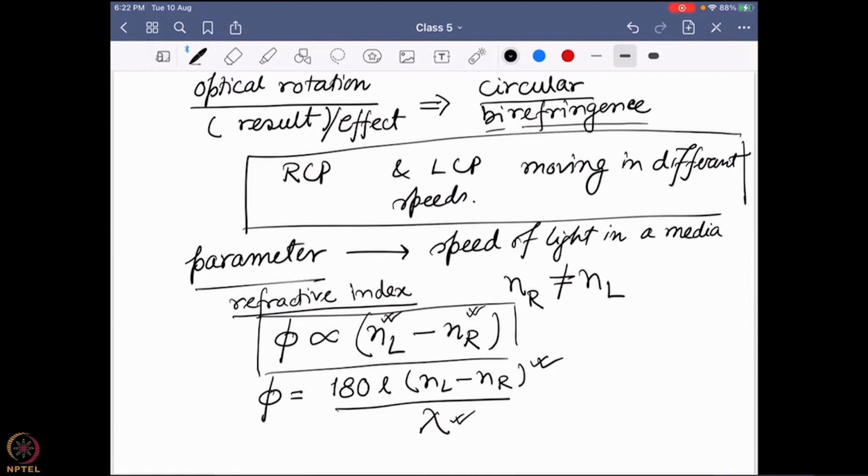But if I'm, say, for example, measuring an optical rotation at 500 nanometer and then I measure at 400 nanometer, it doesn't mean that the optical rotation will be the same. It might be in the opposite direction, it might be different values.